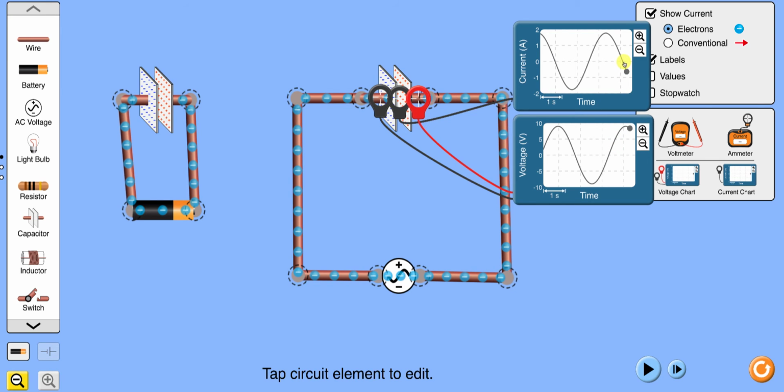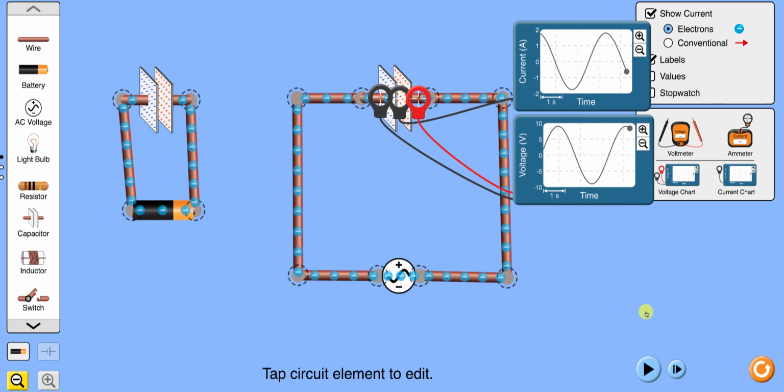It leads because the voltage here is at the peak, but the peak of the current took place some time ago, a little bit of time before this moment. Because the peak took place previously for the current, the current leads the potential difference across the capacitor.